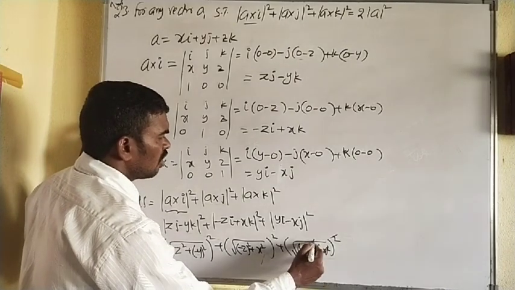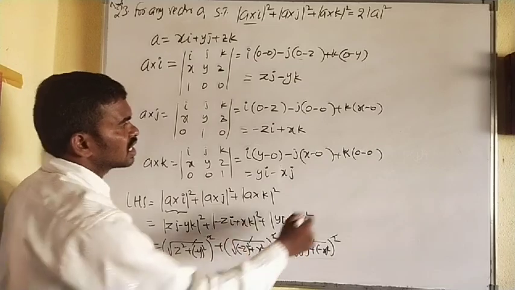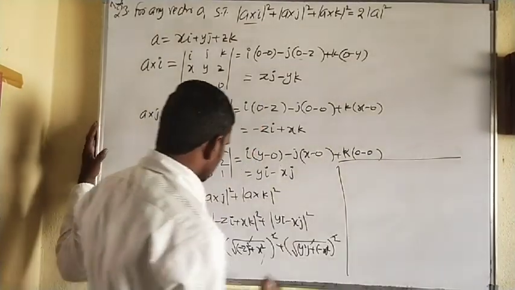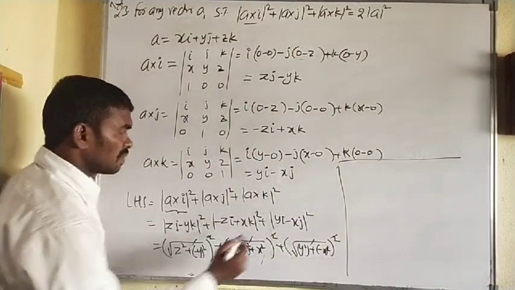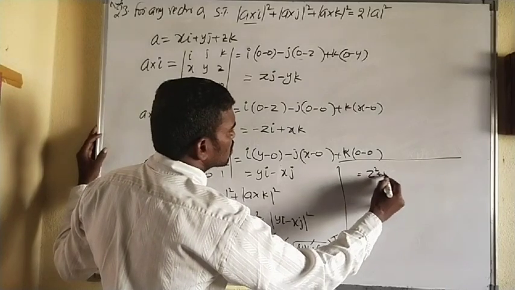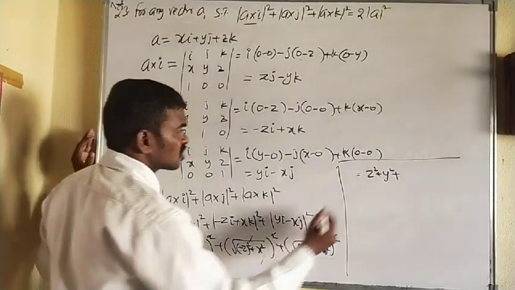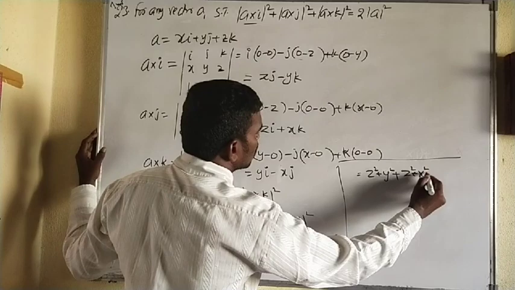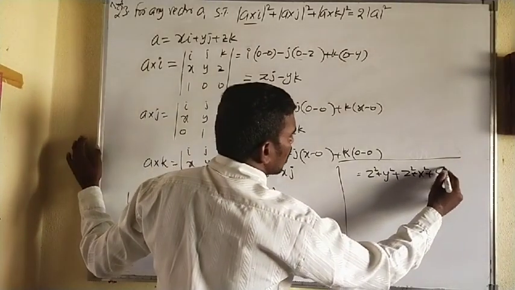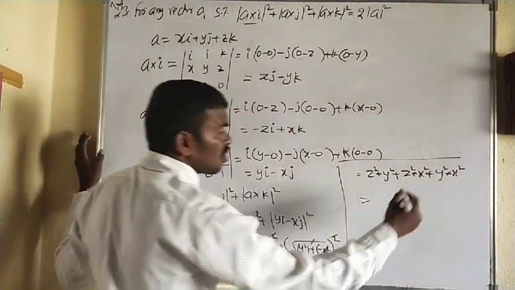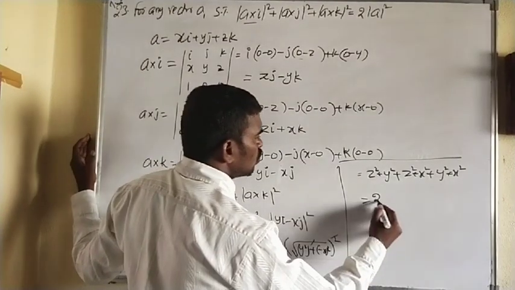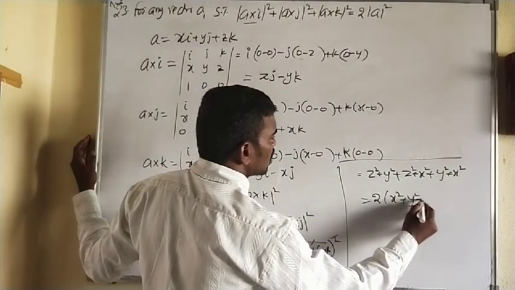In all, the square root cancels. So simplifying the LHS, finally we get z square plus y square, plus z square plus x square, plus y square plus x square. Each term is repeated twice, so 2 into x square plus y square plus z square. Am I right?